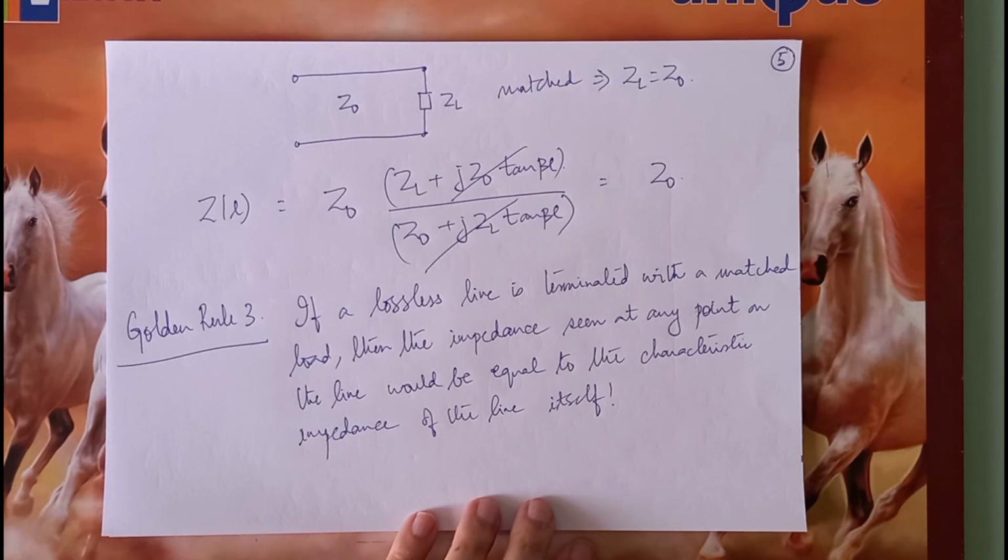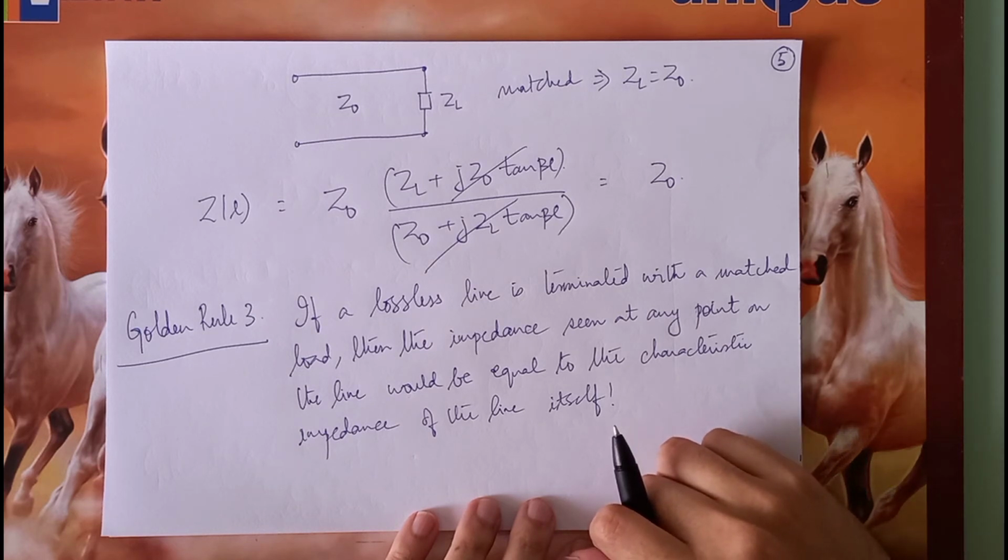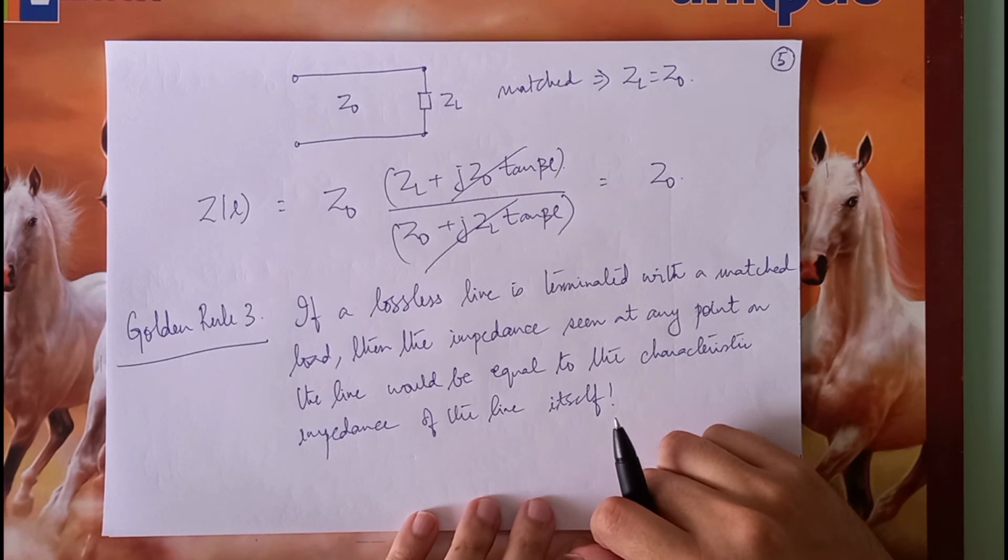So these are the 3 golden rules of lossless transmission lines, and it is better if you are familiar with these golden rules, as they would make your life a lot easier.